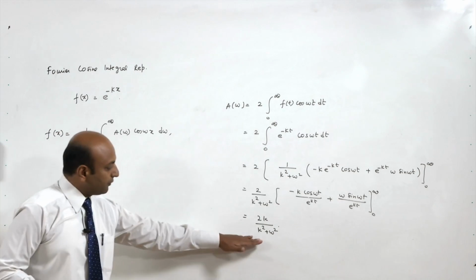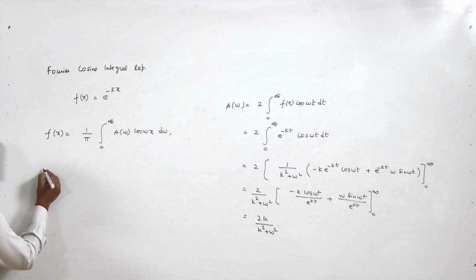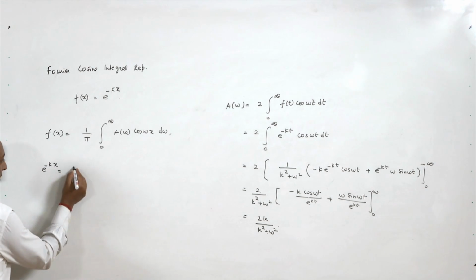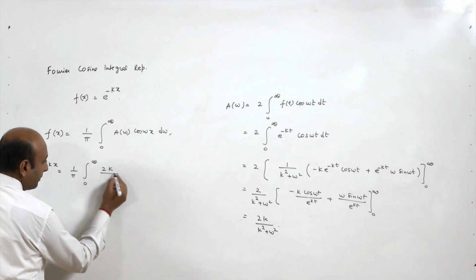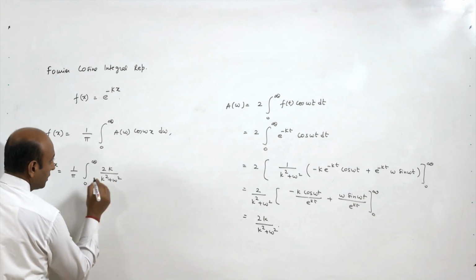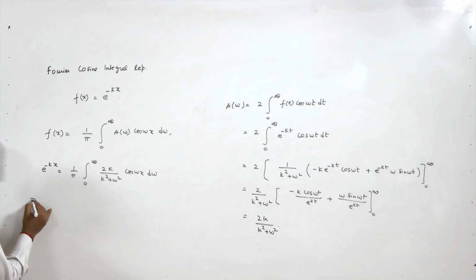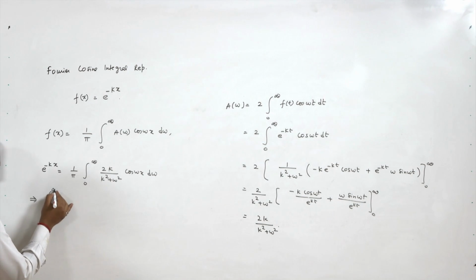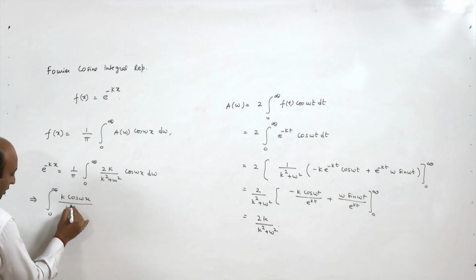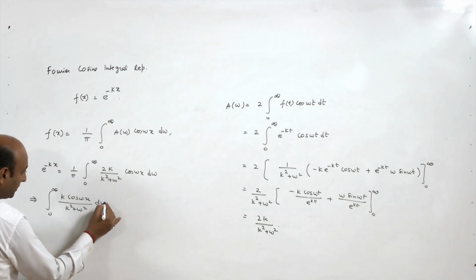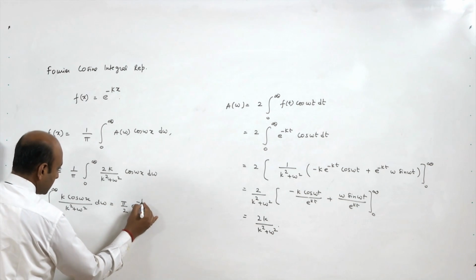So therefore the Fourier cosine integral representation of this function e^(-kx) will be nothing but 1 by pi times integral 0 to infinity of 2k upon (k^2 + omega^2) cos(omega x) d omega. So from this we get integral 0 to infinity k cos(omega x) upon (k^2 + omega^2) d omega is nothing but pi by 2 times e^(-kx).